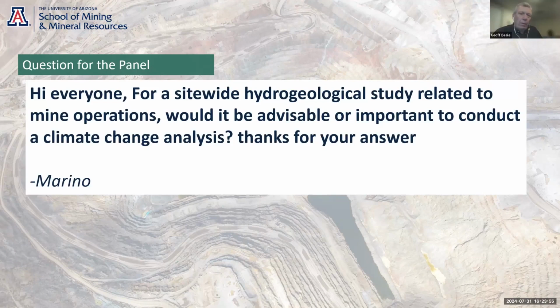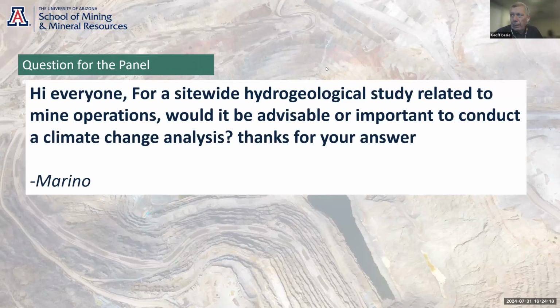Yeah, I think you've got to look at what the consequences are, right? If you're in the Arctic and you get global warming, permafrost degrades, you may lose strength in the foundations because of lack of permafrost. You may get enhanced flow.